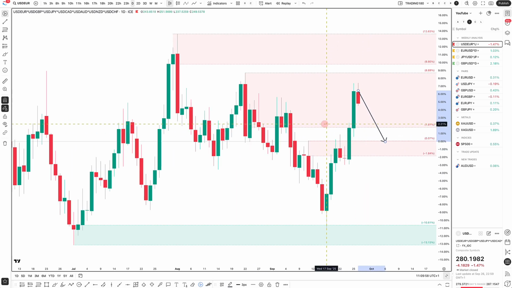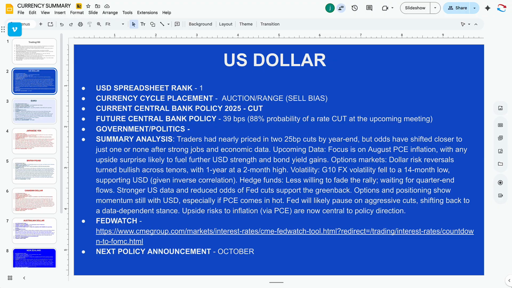So last week we did have some decent data for the dollar, and in our summary analysis it says here that traders had nearly priced in 25 basis point cuts by the year end, and currently there's actually 39 basis points worth of cuts and an 88% probability of a rate cut still.